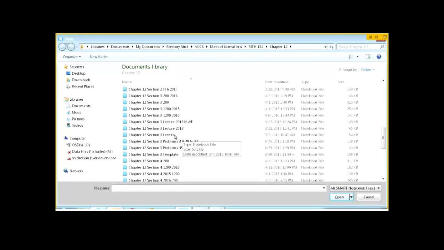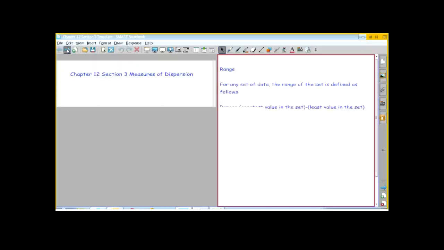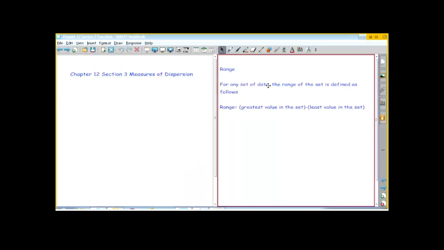Okay, so the next section is on measures of dispersion. There's one main measure of dispersion, which is standard deviation. So we'll show you how you calculate it. There is another one that's simpler, which is just the range. The range for any set of data is just the greatest value in the set minus the least value in the set.